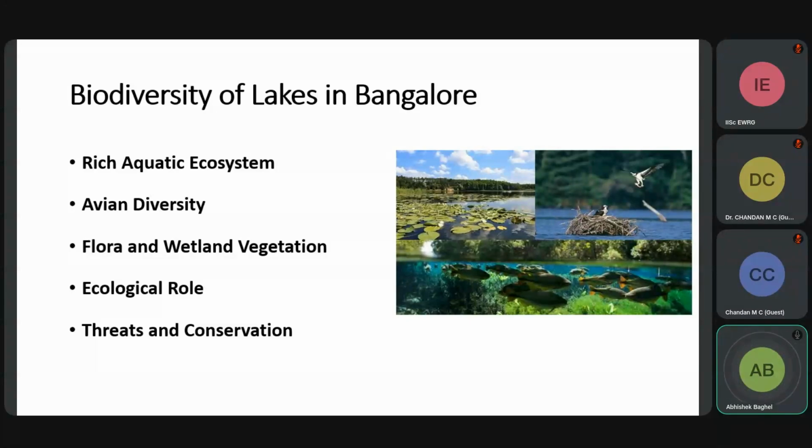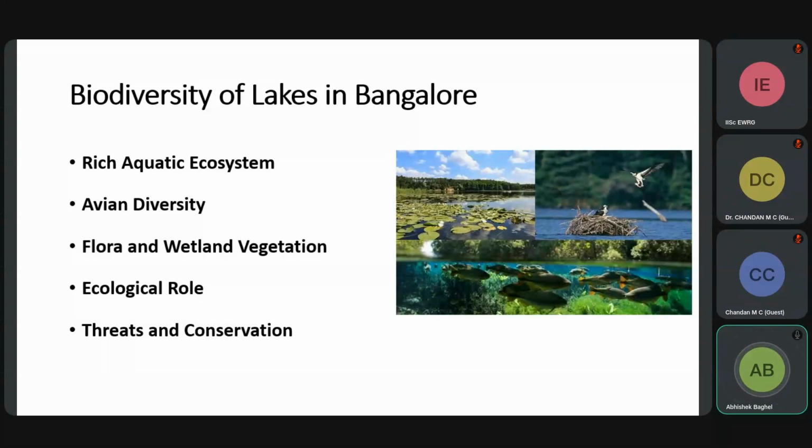And for the avian diversity, it's a habitat for resident and also migratory birds such as pelican, flamingos, cranes, vultures. These Bangalore lakes are a key stopover for the Central Asian Flyway, which comes from northern Russia till the south, that is Kanyakumari and Sri Lanka.